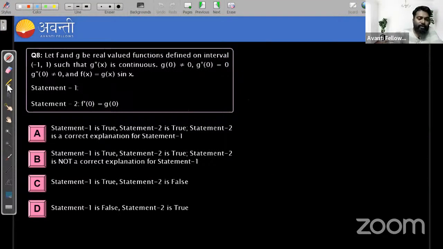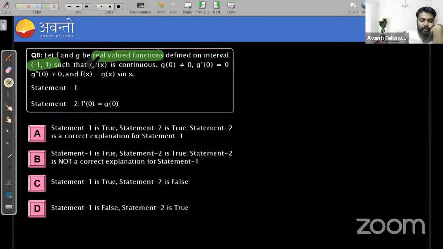In the given question, it is given that f and g are real valued functions defined in the interval -1 to 1, such that g double dash of x is continuous.